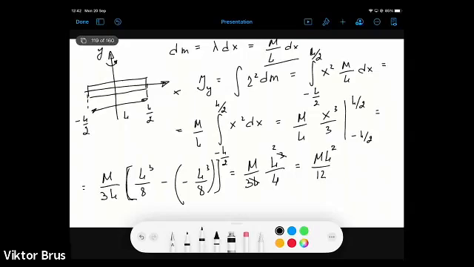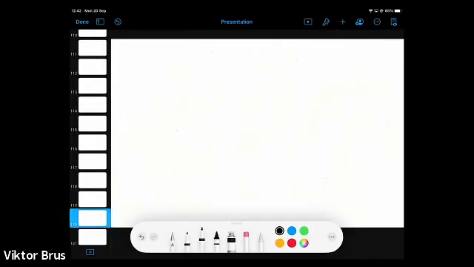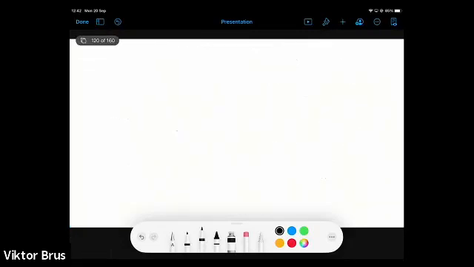So let us consider one more example, which will be in a three-dimensional case. It will be some cylinder.